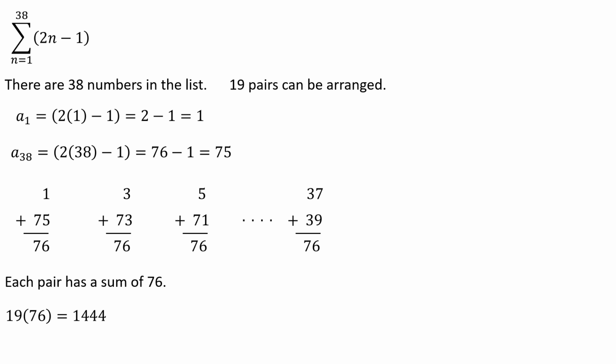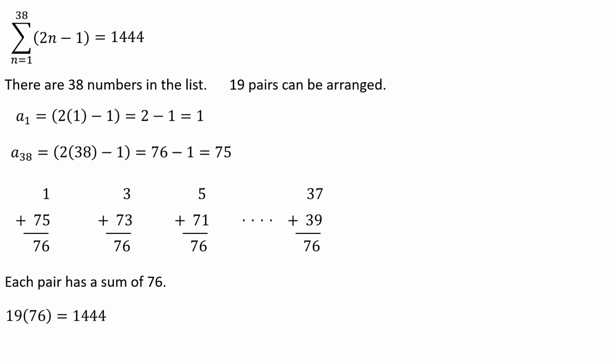I say, hey, 19 pairs. Each pair adds up to 76. 19 times 76 is 1,444. And if you look at the top of the screen, I can even put that in as my answer. Say, hey, it equals 1,444.